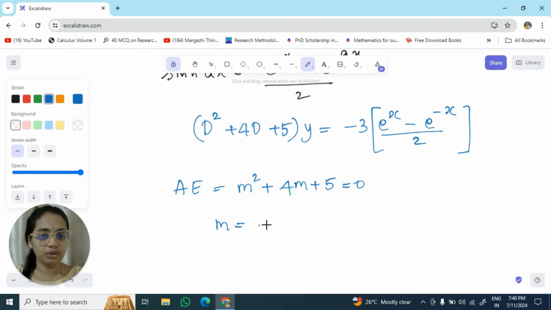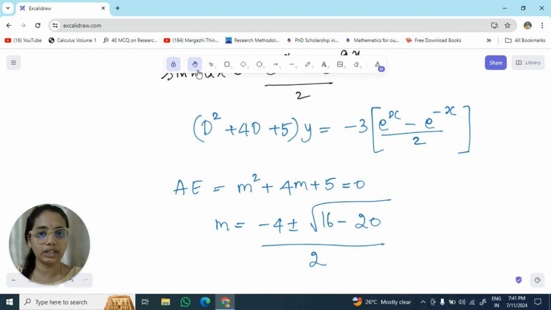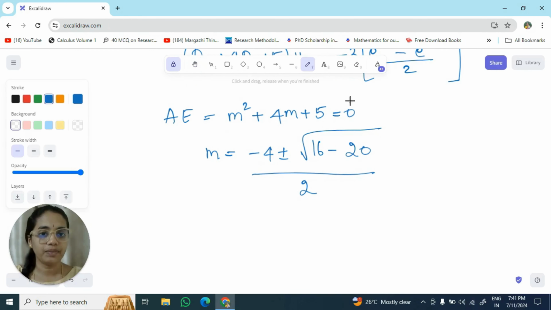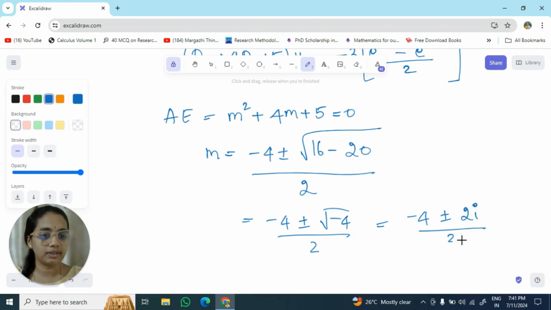That is, m is equal to negative 4 plus or minus square root of b square, that is 16 minus 4 into 1 into 5, that is 20, divided by 2. Clearly we are getting a negative sign, right? So we have minus 4 plus or minus square root of negative 4 by 2, which is nothing but minus 4 plus or minus 2i, right?